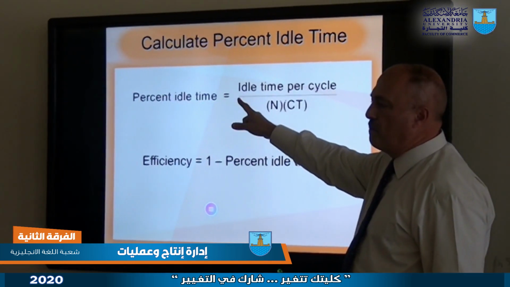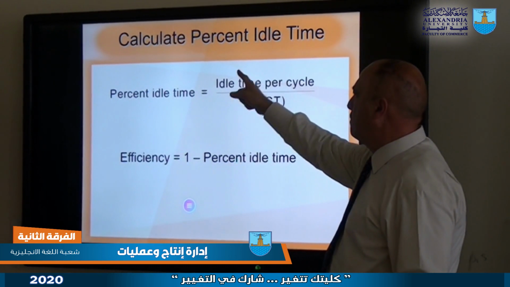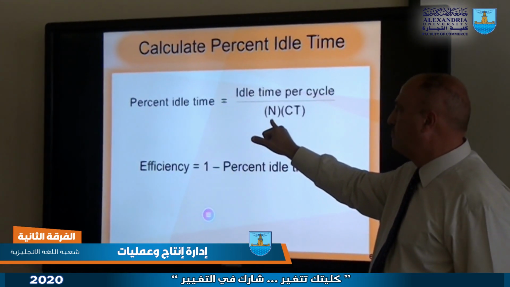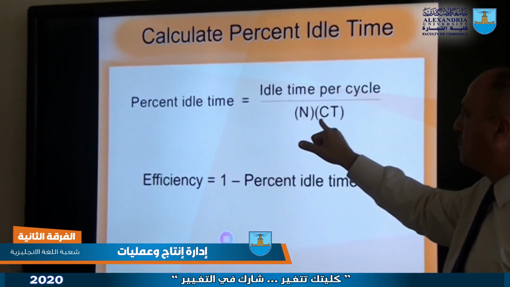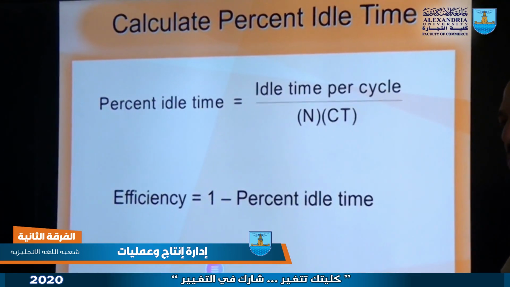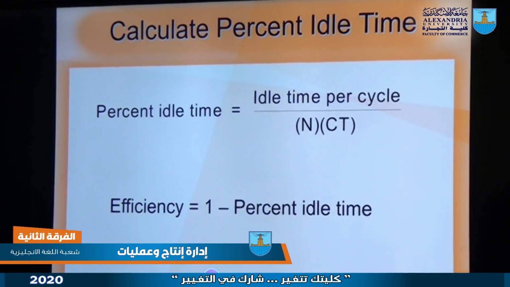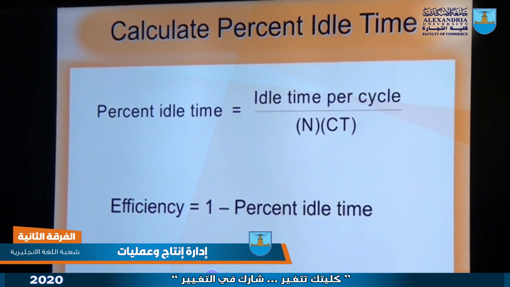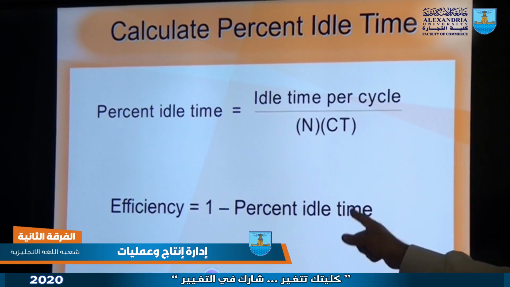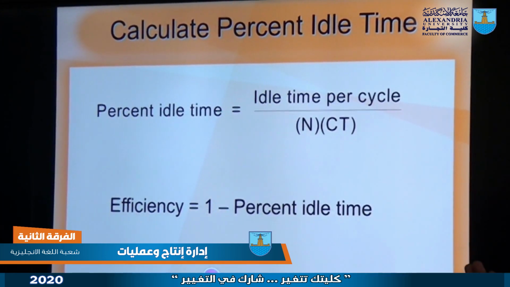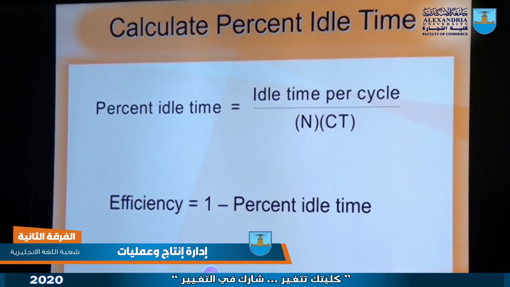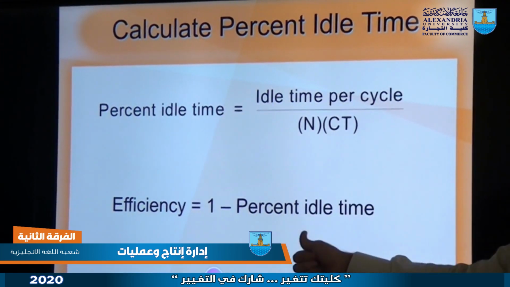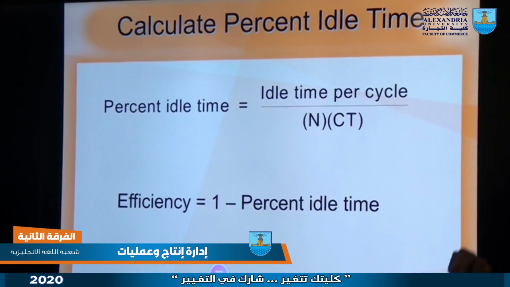Percent idle time is total idle time per cycle divided by number of workstations multiplied by the cycle time. If you would like to count the efficiency rate, it is 1 minus the idle time rate. So the whole system efficiency rate is 1 minus the idle time rate.